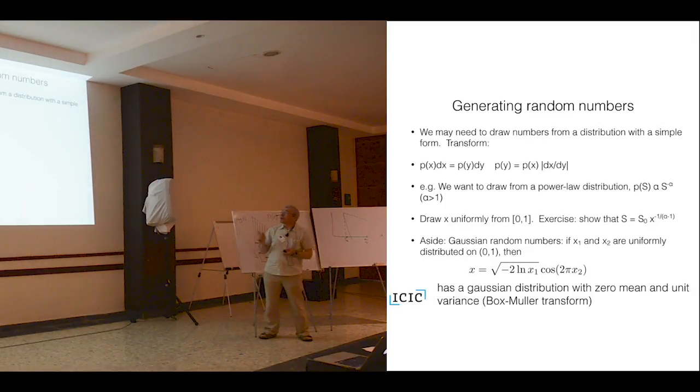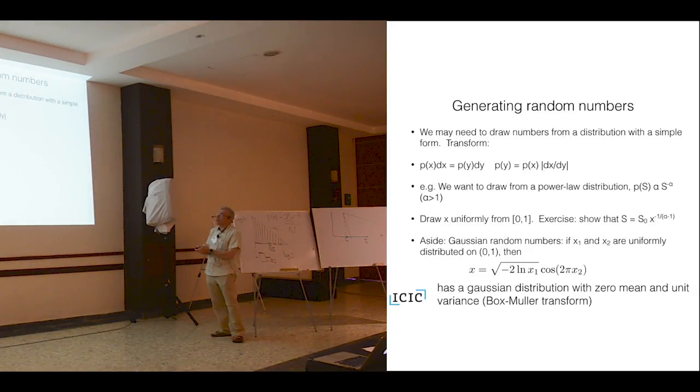So one thing we can use is to transform the data. If you have a way to generate random numbers, let's say uniformly from 0 to 1, and I guess every computer language probably has something for doing that, then you can use those random numbers very often to generate numbers from different distributions. So we can use the conservation of probability: if we make a transformation from x to y, then p of x dx is p of y dy.